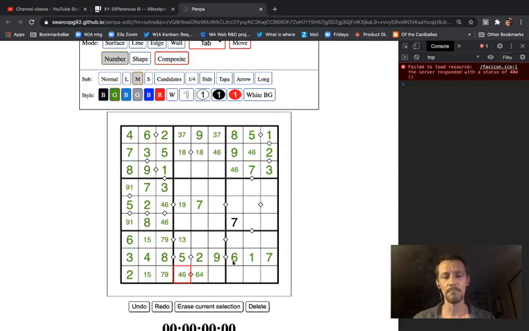Well, yeah, let's put that in. I didn't think of that. 6 and 8. Or 7 and 9. 7 and 9 is not possible. There is already a 6 in this row somewhere. So that's cool.